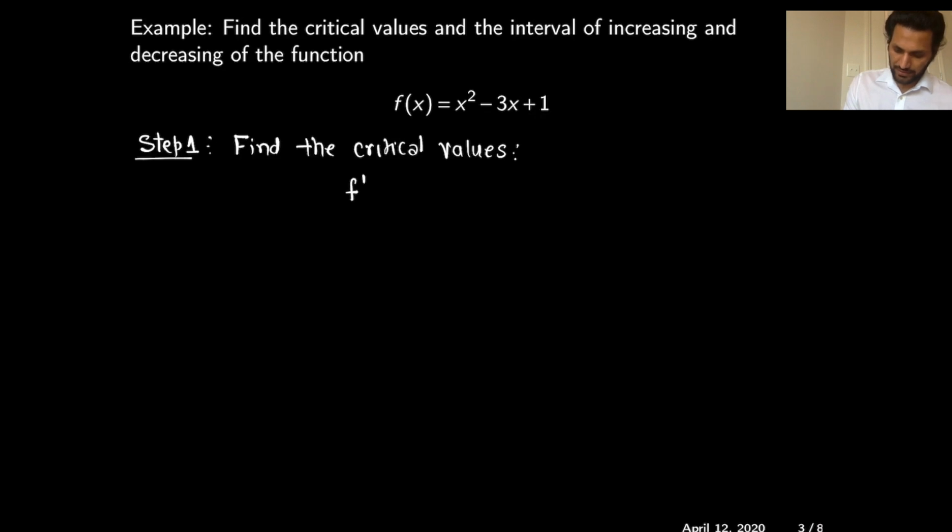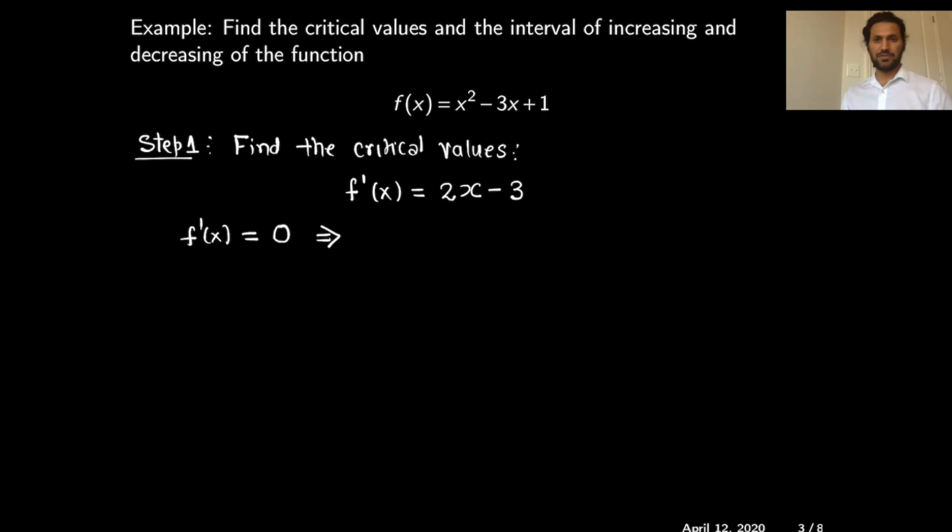So f prime of x is equal to 2x minus 3, using the power rule. Now the critical values are the values where the derivative is either 0 or does not exist. Because this function is a polynomial, it is always defined.